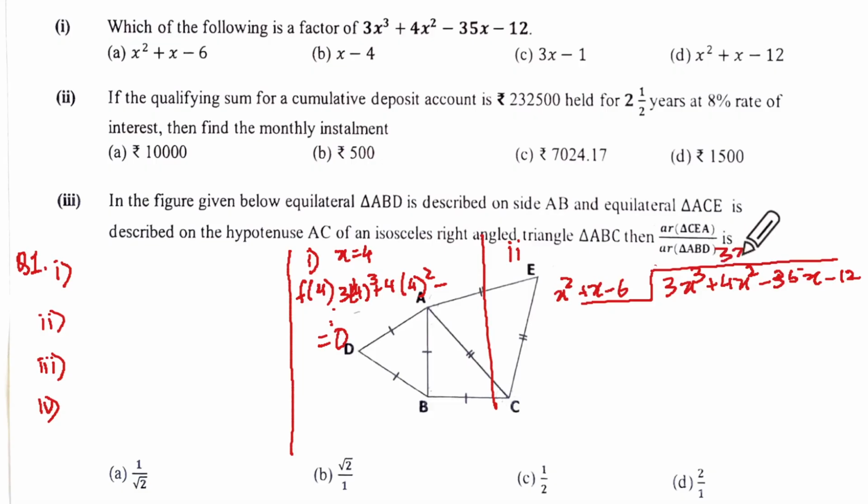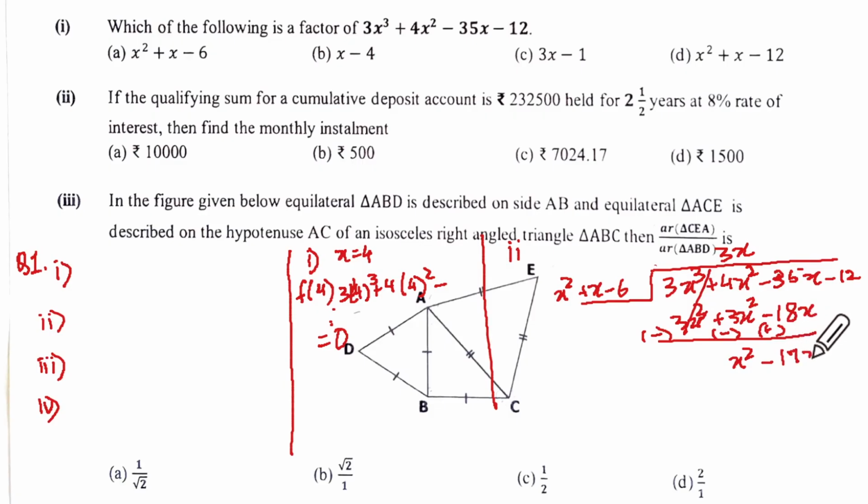So you will get here 3x cube plus 3x squared minus 6 is 18, and you will have here x squared, and it will be minus 17x minus 12. Now if you take plus 1, are we getting this? No. So this also is not the one.